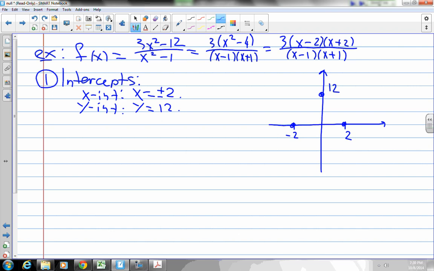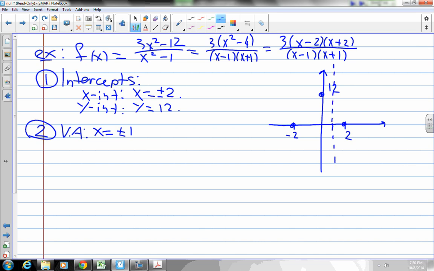The asymptotes, vertical asymptotes. What are the vertical asymptotes of this function? 1 or negative 1, zeros of the denominator. So x equals plus or minus 1. So here's 1.